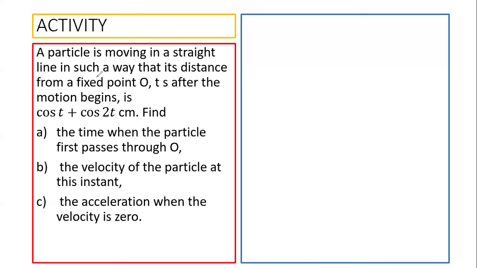They are telling us that we have a particle that is moving in a straight line in such a way that its distance from a fixed point O, t seconds after the motion begins, is cos t plus cos 2t centimeters. Find the time when the particle first passes through O.